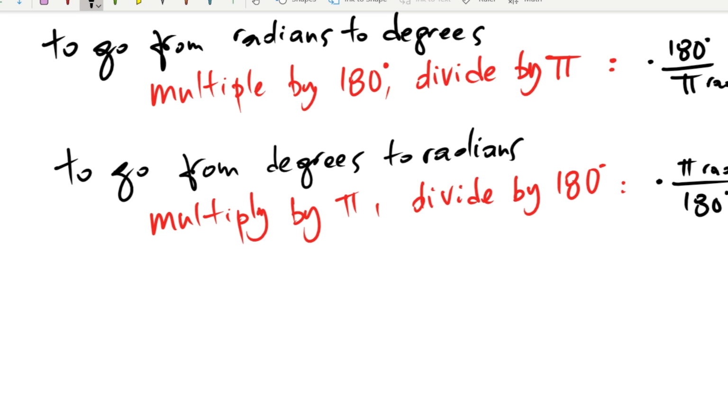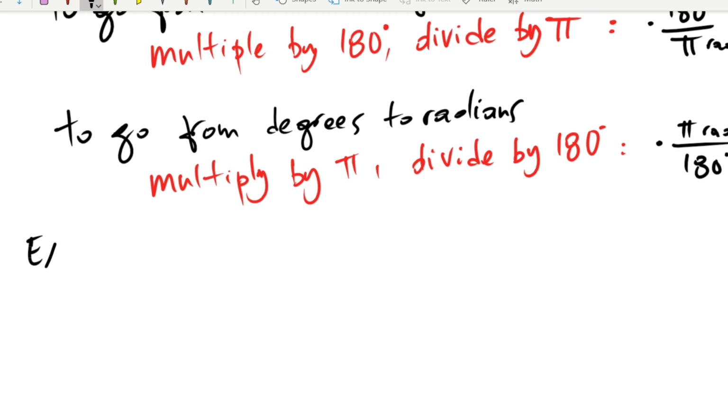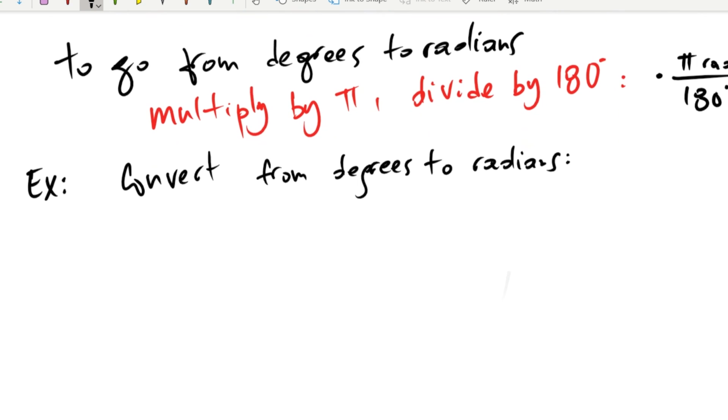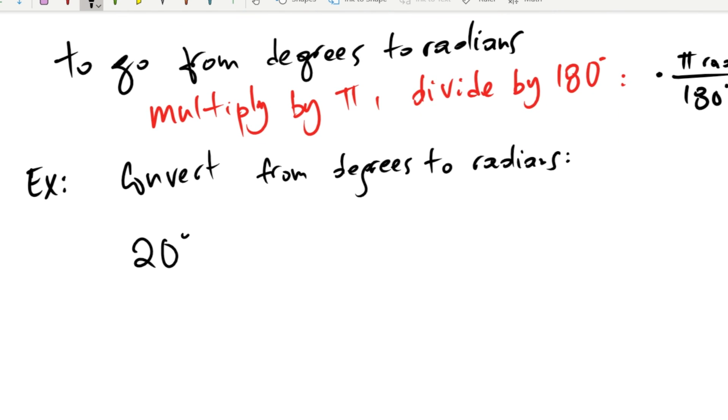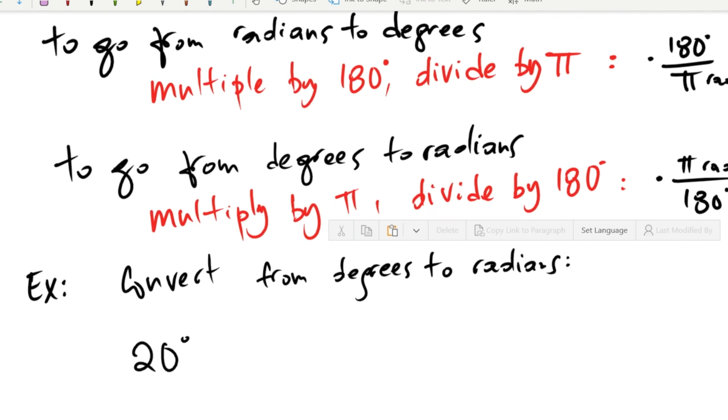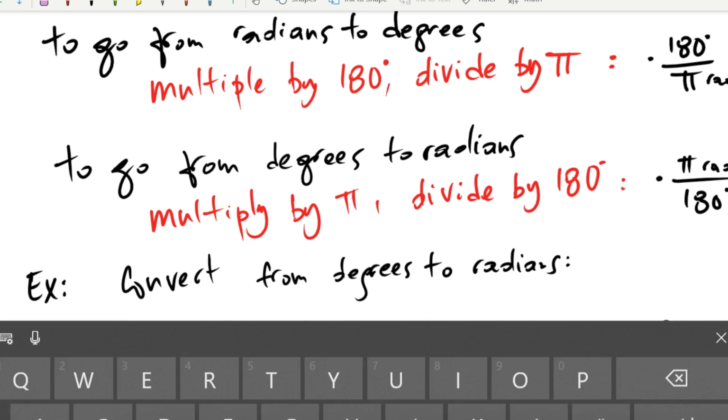Okay, so let's do some examples. Example: convert from degrees to radians. The first one is 20 degrees. What is it in radians? Converting from degrees to radians, we multiply by pi and divide by 180.